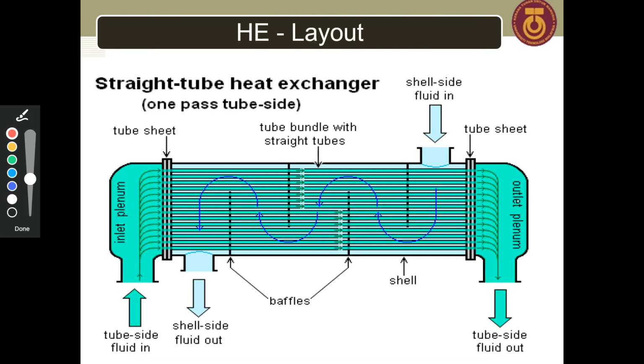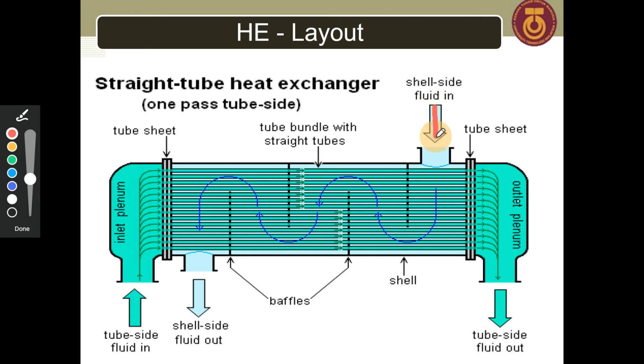Okay, what is next? Next is the heat exchanger layout. This one is one pass. One pass means for both shell and tube. You see that this is the flow for shell.